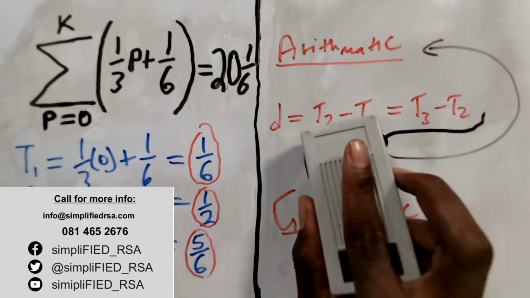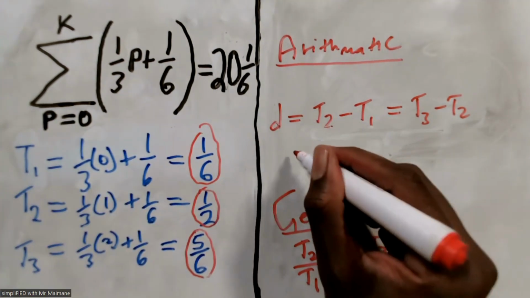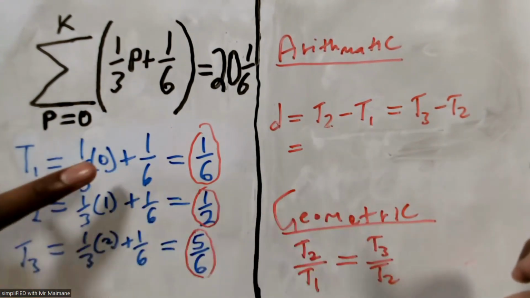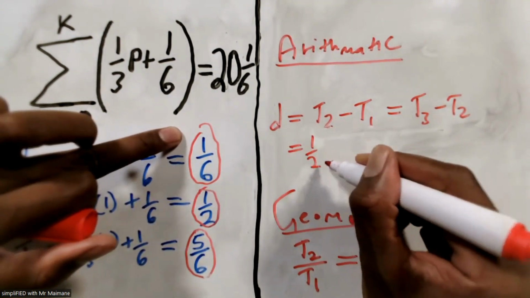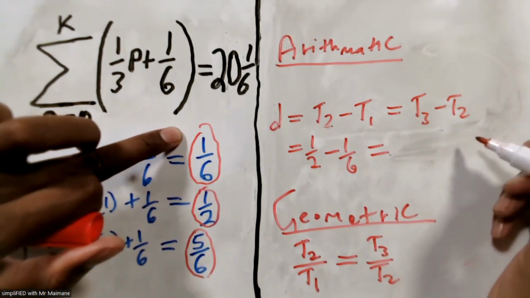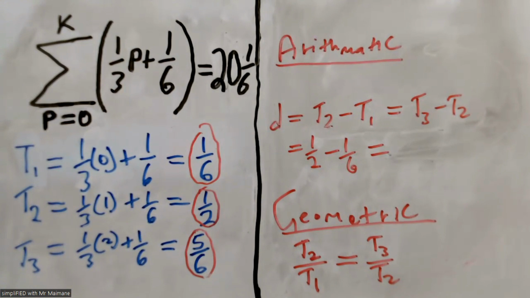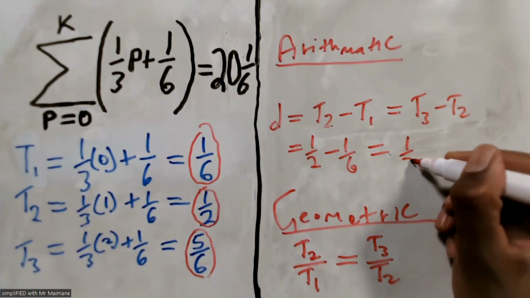So we're going to start by testing if it's an arithmetic sequence. This is what I'm going to do. T2 minus T1 is going to be 1 over 2 minus 1 over 6. What is the value? This gives me 1 over 3.